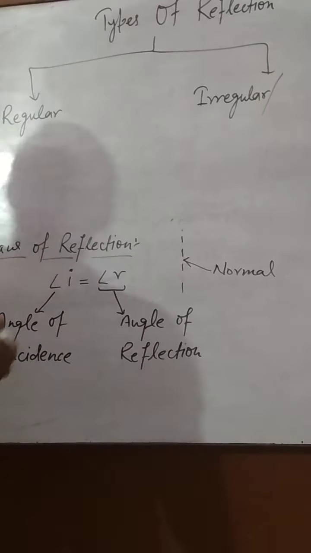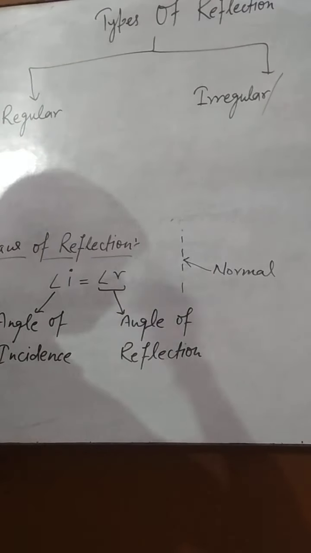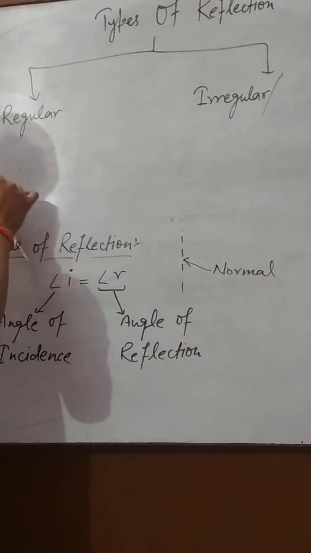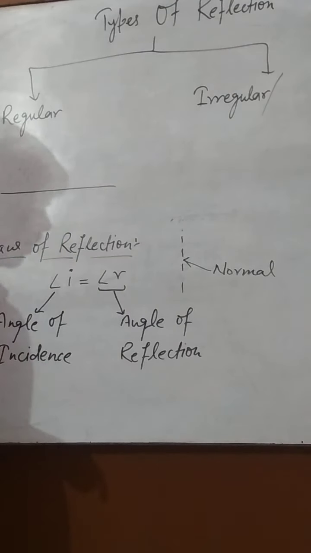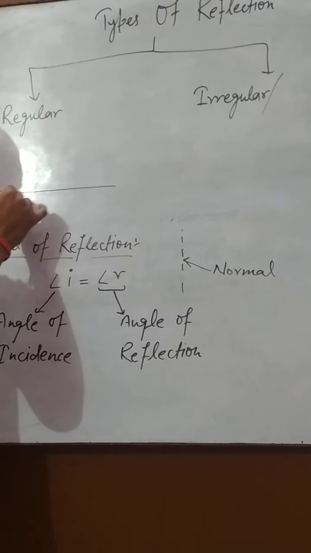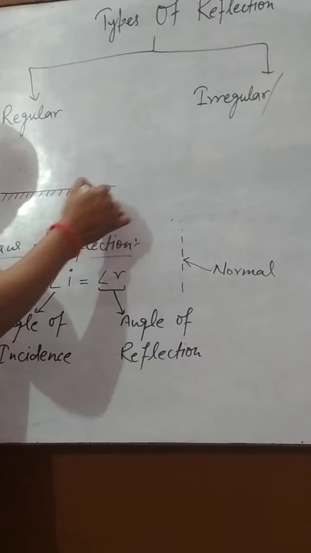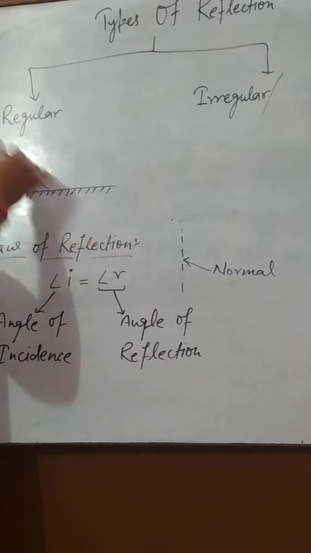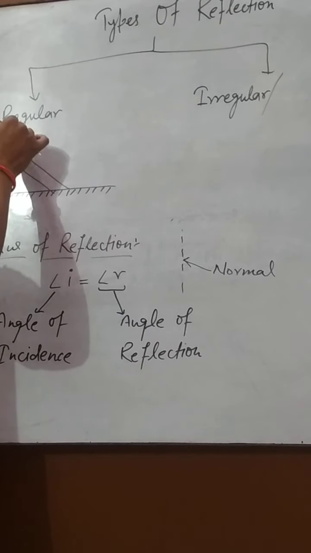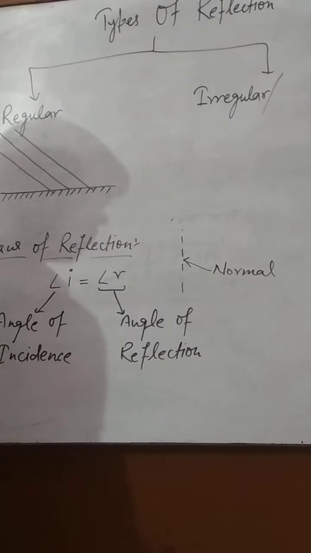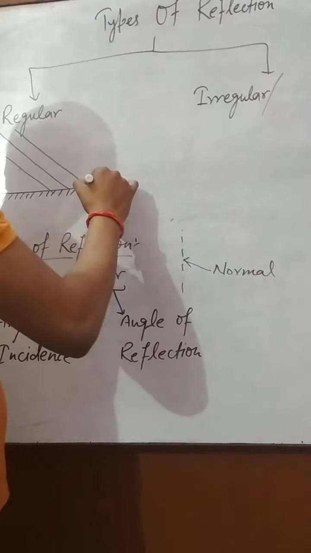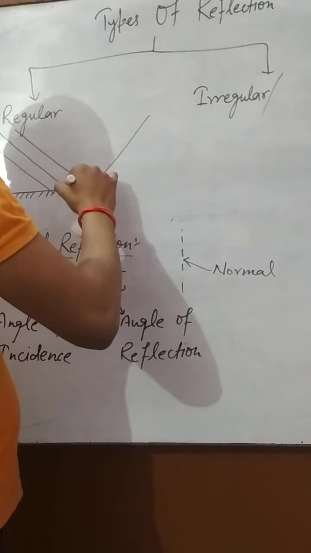How will you show regular reflection? For example, you have a plane surface and some light beams are coming onto this surface and they move like this.